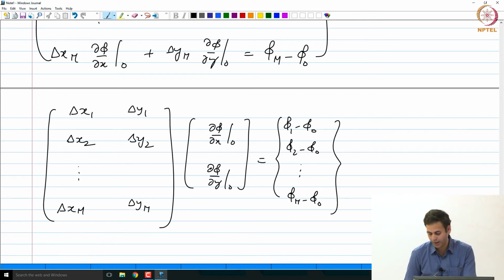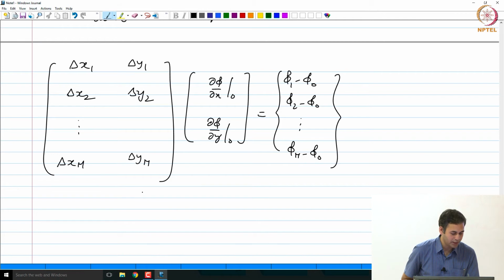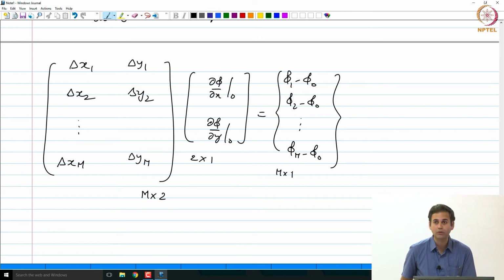I have a matrix equation which has m rows and how many columns? 2 columns. This is an m by 2 matrix, and I have an unknown vector here which has 2 rows and 1 column, and then here I have m rows and 1 column. Okay. So, we have m by 2, 2 by 1 and m by 1 vectors and matrices here.